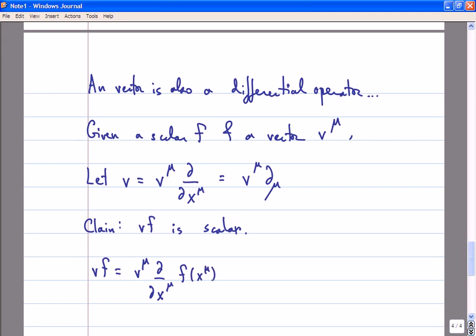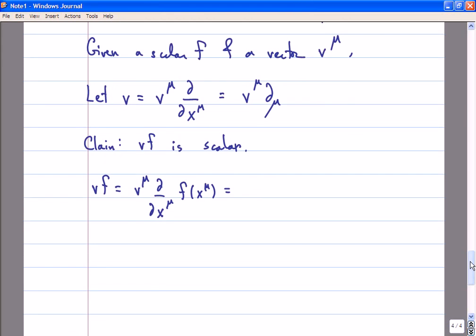And so we can then ask what that looks like in the primed coordinate system. In the primed coordinate system, vf is equal to v mu prime d by dx mu prime times f written in the x prime coordinate system.